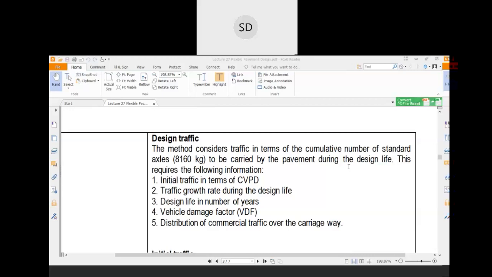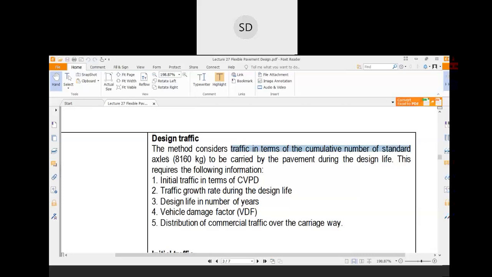Now another thing is design traffic: what value of traffic you have to consider for your design purpose. The method considers traffic in terms of the cumulative number of standard axles.